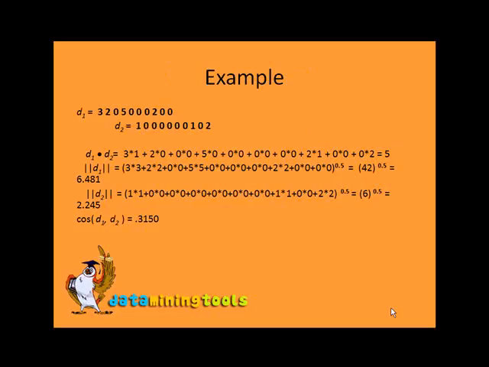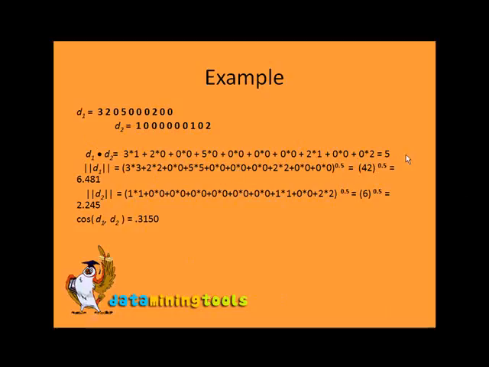Take an example of D1 is equal to 3 2 0 5 0 0 0 2 0 0, and D2 is 1 0 0 0 0 0 1 0 2, then vector product of D1 and D2 is calculated like this, where nth attribute of D1 is multiplied by nth value of D2 and it's summed up.